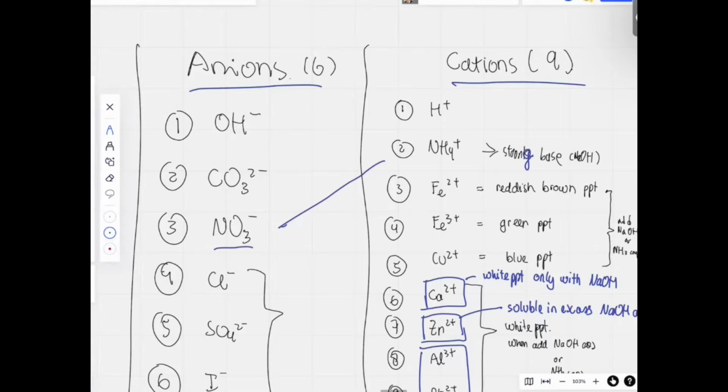This one is sodium hydroxide without aluminium foil. It will produce the same thing, ammonia also. Don't get confused. The one that needs aluminium foil is the test for nitrate. The one that doesn't need it is the ammonium.